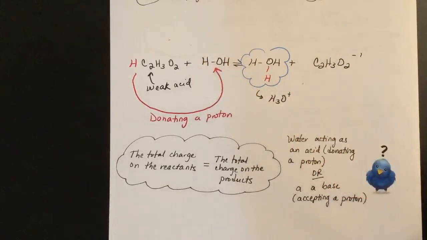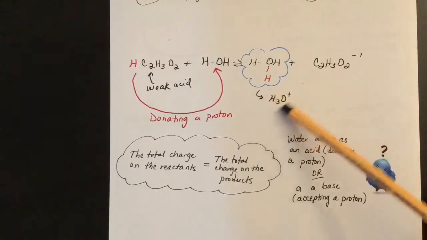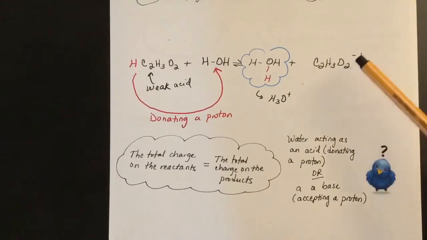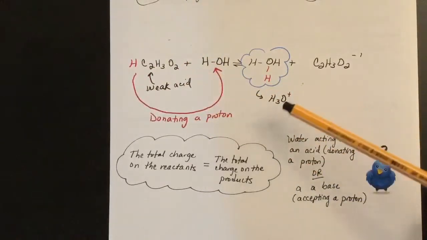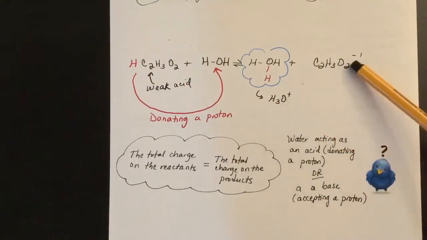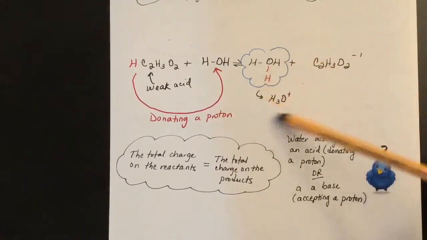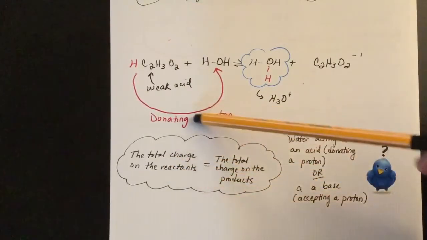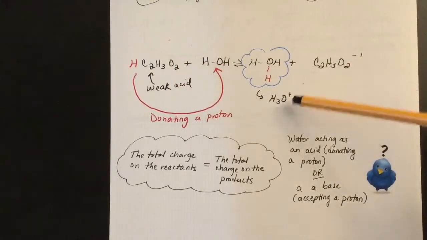Your water molecule, no charge. On your product side, you have your conjugate acid, the conjugate base. H3O plus, positive 1. Your acid ion, negative 1. No charge overall on the reactant side. Positive 1 and negative 1, they will cancel out, which means that you have no charge also in total on your product side. So this has to always be true. If this here adds up to 0, on your product side, the charges, they need to add up to 0 too.